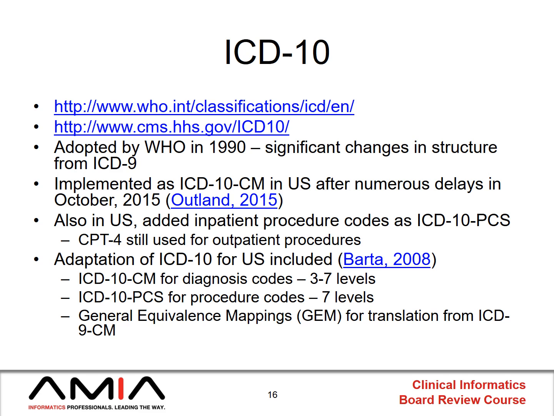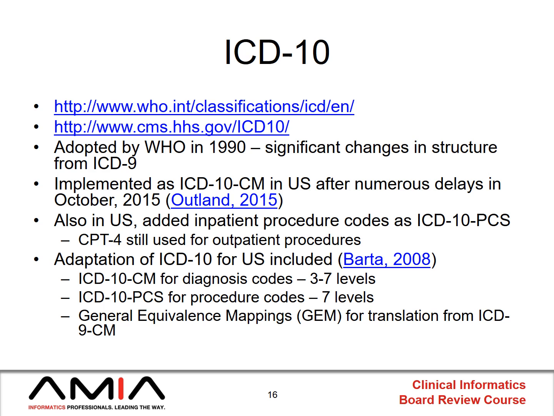ICD-10, despite its relatively recent adoption in the United States, has actually been around for quite some time. In fact, it was released by the World Health Organization in 1990, and it made substantial changes to the structure from ICD-9.